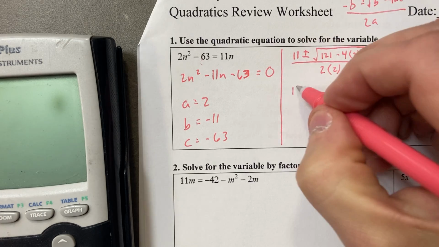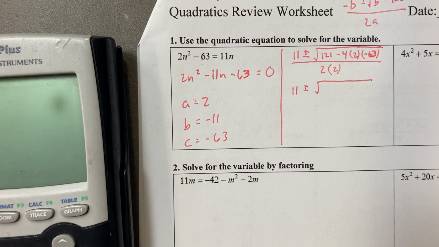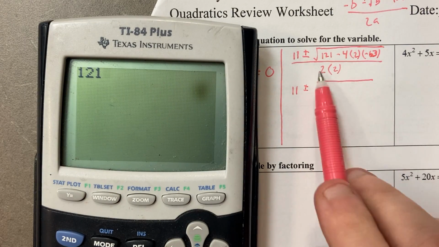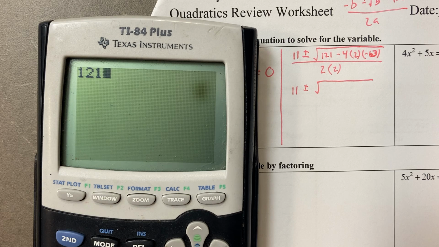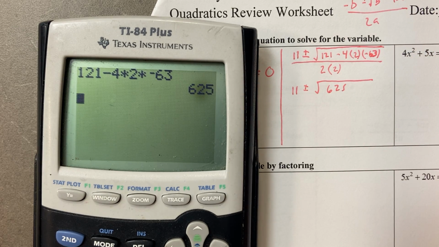So we have 11 plus or minus the square root, and I'm just going to do this all in one fell swoop: 121 minus 4 times 2 times negative 63. That's 625, that's going to work out nicely. This all simplifies to 625.